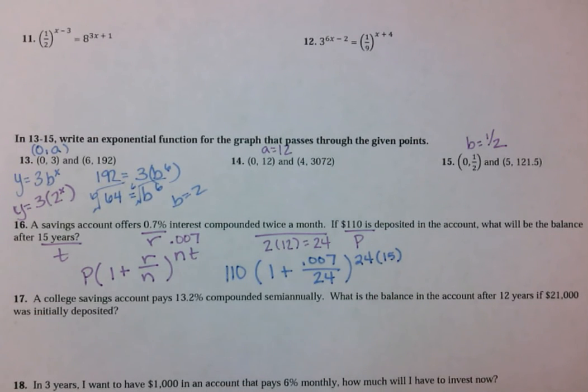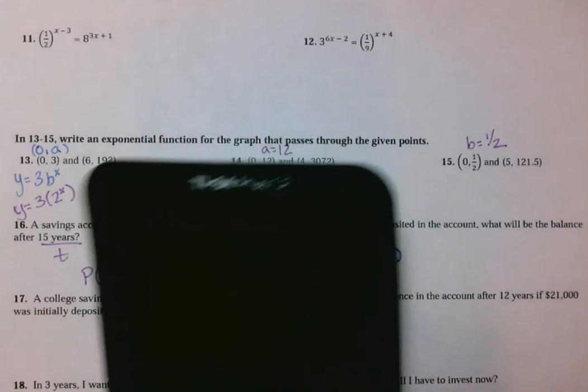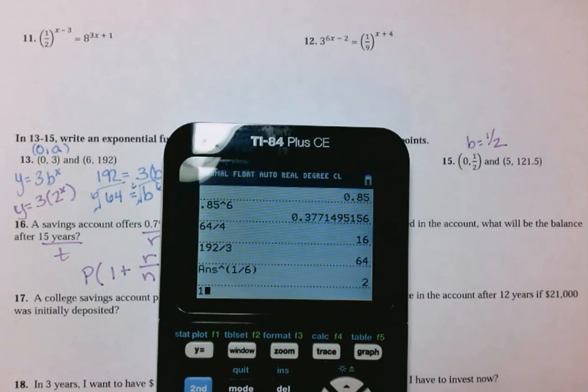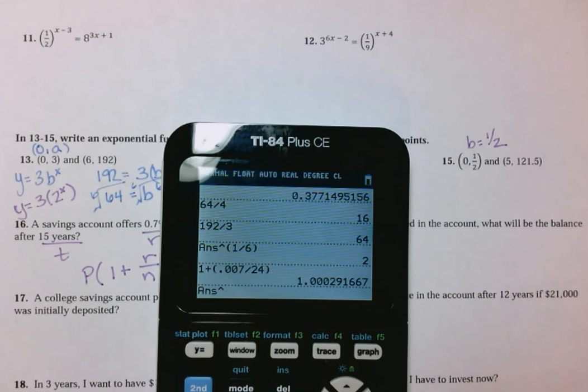Then what I do is I type this in my calculator. What I do first is I do 1 plus parenthesis 0.007 divided by 24, enter, exponent of 24 times 15, enter, times 110.